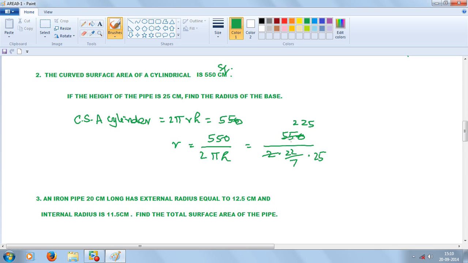If we divide by 25 directly, it is 22. We cancel this 22 with this 22, we get 1. So 2 by 7 you take to the numerator, it is equal to 7 by 2, equal to 3.5 centimeters.